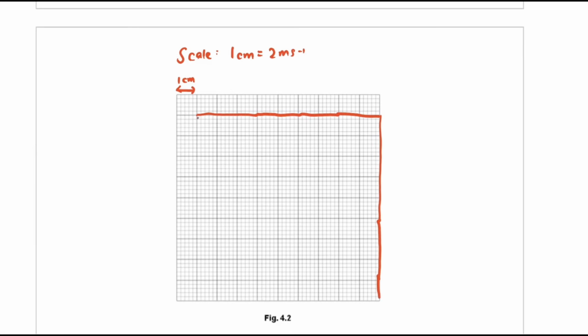Then we draw our resultant velocity from the starting point to the end point. This is the horizontal VH, 18 meters per second. This is the vertical VV, 17.7 meters per second. This is the resultant VR.